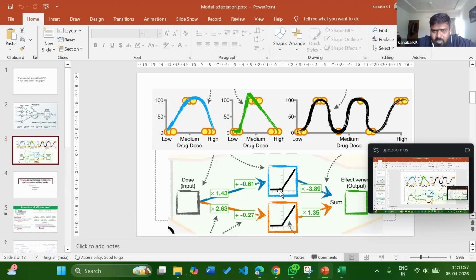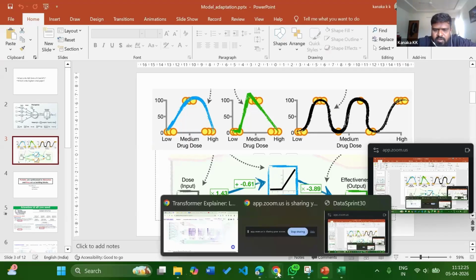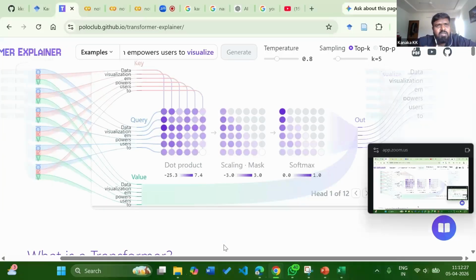What it does is, if the value on the x-axis is 0, it will predict the y-axis as 0, and if the value of x is negative, it will predict y as 0. If the value of x is more than 0, let's say 0.5, then y is predicted as 0.5. This is the function of this activation function.